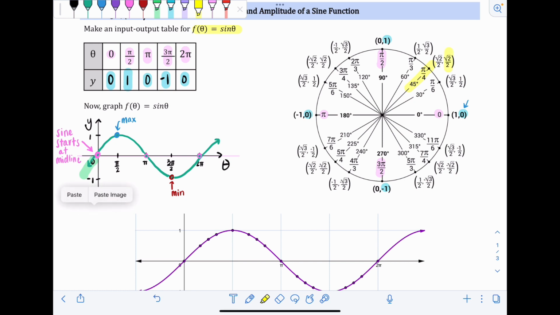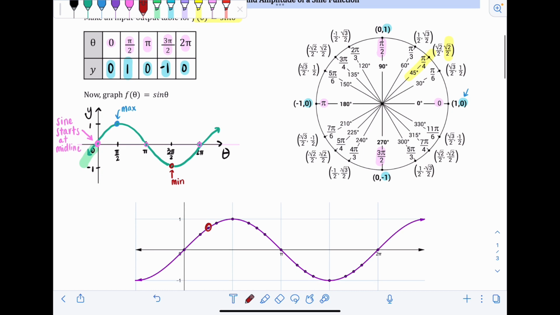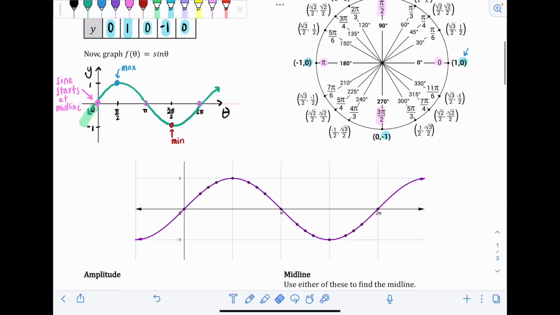That would end up being this point right here. So this graph down here has every single radian measure from the unit circle on there. You won't ever have to graph every single one, but it is nice to see how it curves and where all those individual points come from.